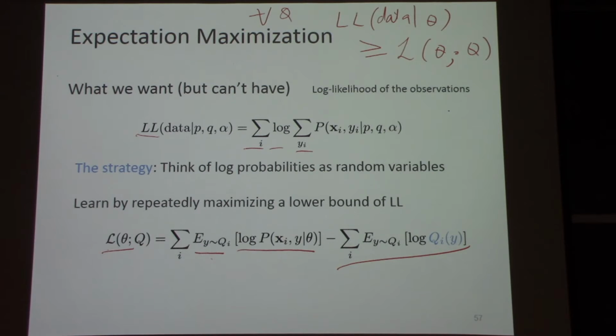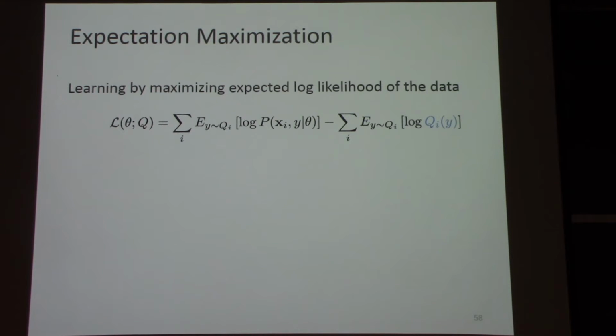So for any choice of Q, this property holds. So what we will do now is, instead of maximizing the function that we care about, we will set up a series of optimization problems of the script L kind, and repeatedly optimize that, with the hope that we will get to a good value for theta. We will work out the details of it.